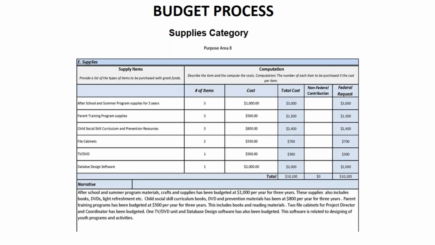So in the detail, you want to give us a list of the supply items you're requesting and the cost, and again, the budget workbook will calculate out those costs. And in a narrative, you want to include a detailed description of what you're purchasing and how it's going to support your particular grant program, how you came up with those actual costs as well.